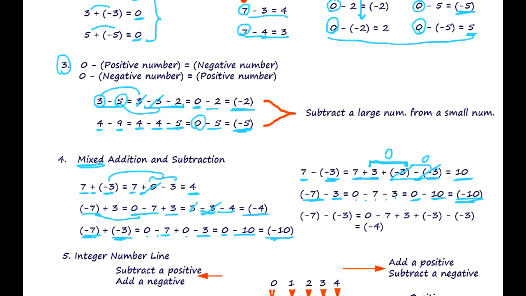The last one here is a negative number subtracting a negative number. Boy, everything is minus. Negative 7. Don't be afraid. This is 0 minus 7, right? And we add another 3 plus negative 3, which is 0.